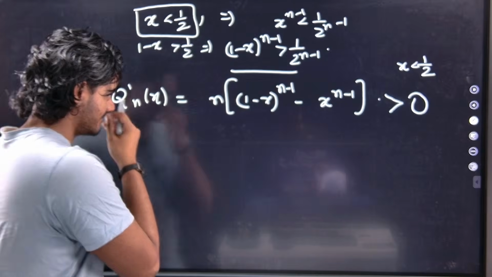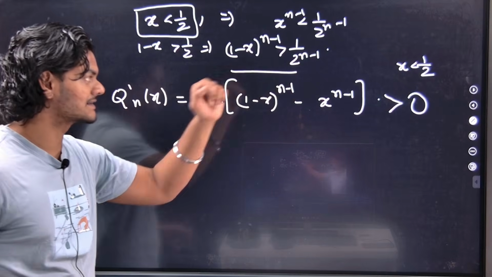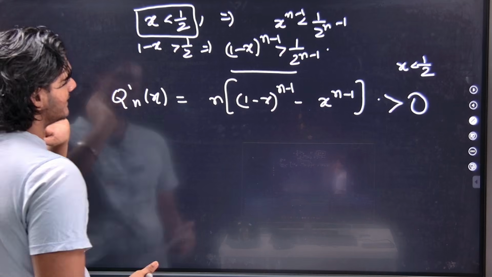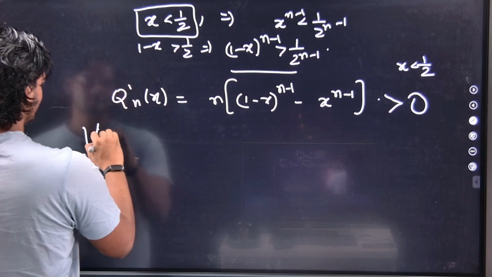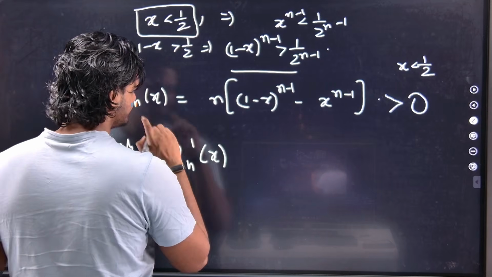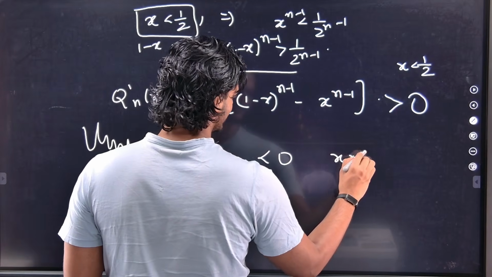That means the graph of Qn of x will be increasing when x is less than 1 by 2. And by similar calculations, Qn dash of x will be less than 0 for x greater than 1 by 2.